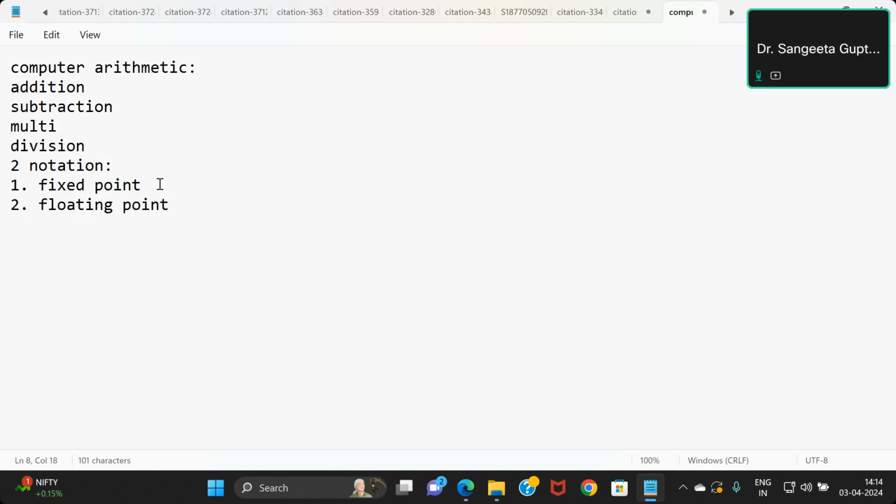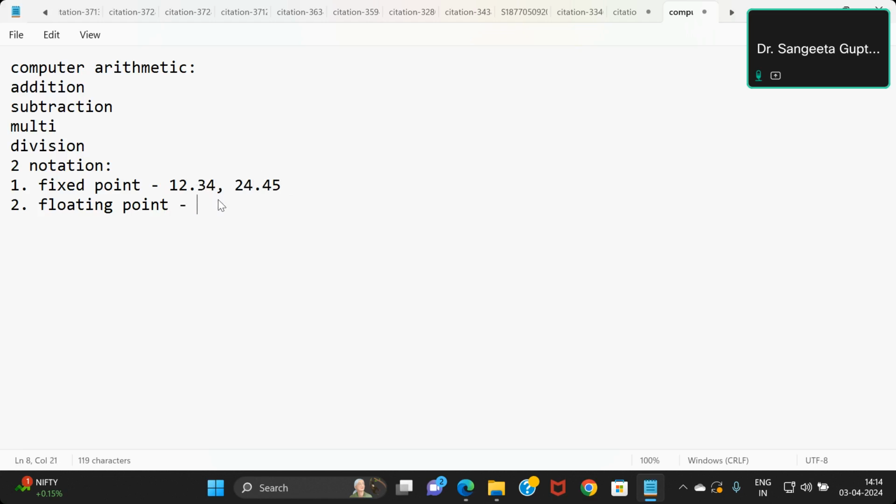Under fixed point representation, both integer values and fractional parts can be represented, but whenever we represent a fractional part, the decimal point remains fixed. We cannot move the decimal. For example, 12.34, 24.45: here we have two digits after the decimal, and whatever the number of digits after the decimal, we have to fix it.